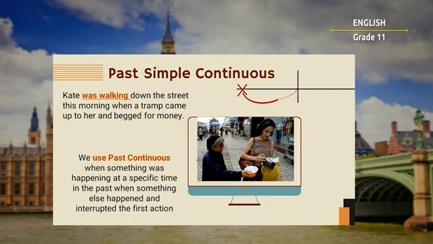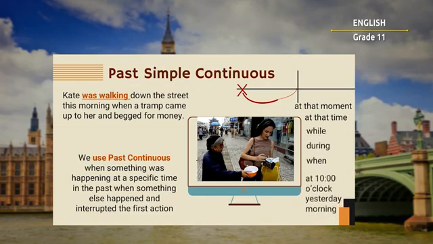The past continuous is often used with the simple past to show that one action was in progress when another action occurred. Which time expressions can we use with the past continuous? At the moment, at that time, while, during, when, at 10 o'clock yesterday morning.